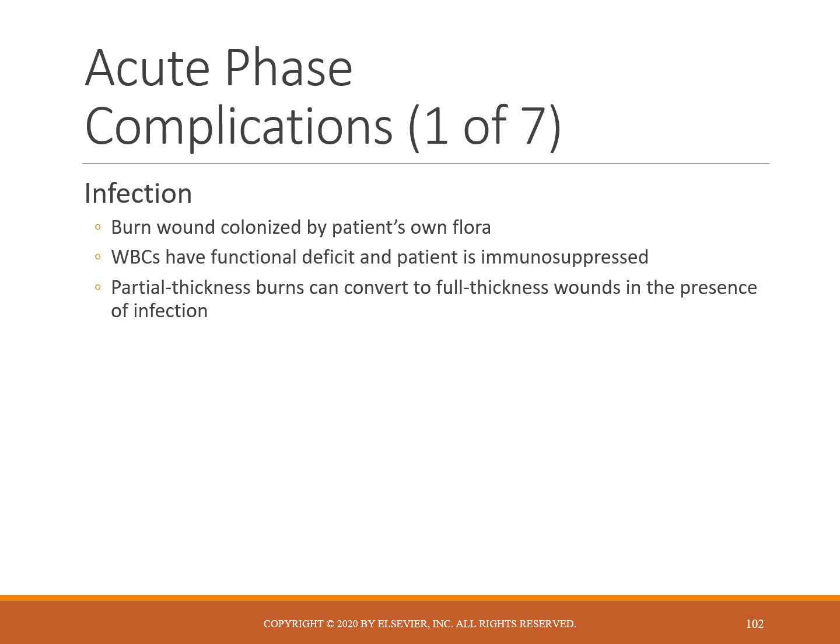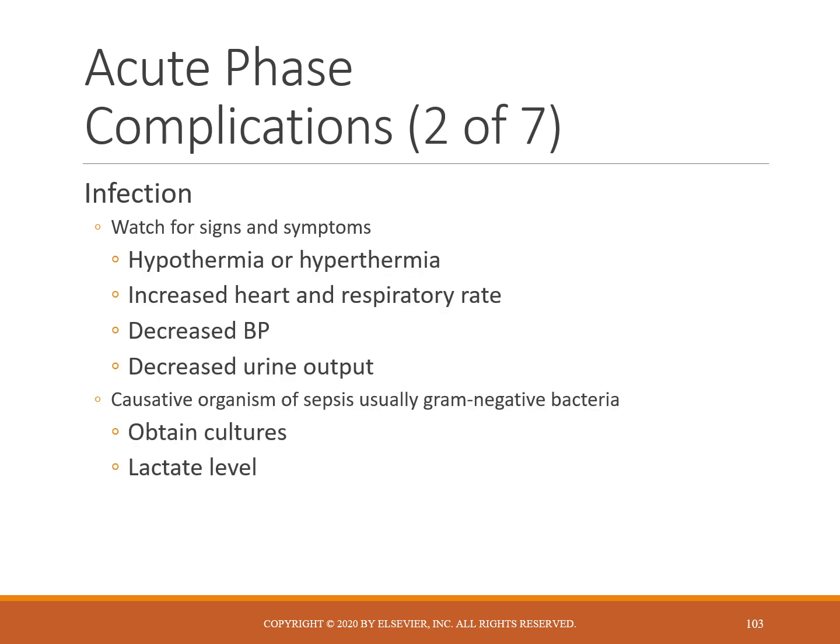Now with infection in here, remember this patient might be immunosuppressed, so be very careful when you're doing wound dressing on them because they're already at risk to develop infection and they might need antibiotic prophylaxis. So we watch for any signs and symptoms of infection.